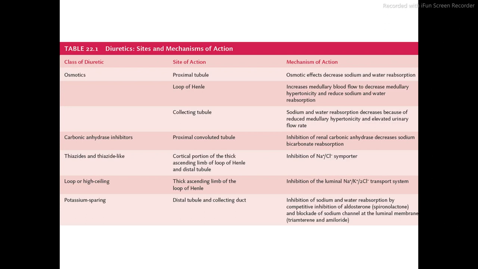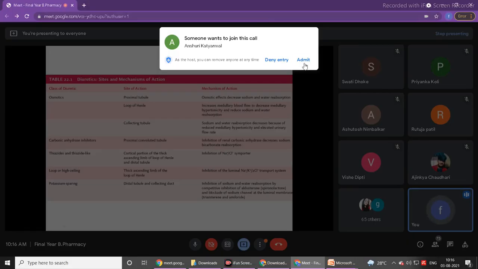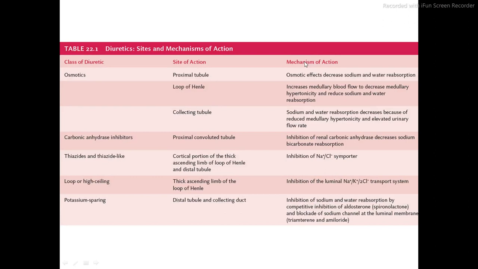Those diuretics which act on the loop of Henle increase the medullary blood flow to decrease medullary hypertonicity and reduce sodium and water reabsorption. The osmotic diuretics which act on the collecting tubule act by decreasing the sodium and water reabsorption because of reduced medullary hypertonicity and the elevated urinary flow rate.